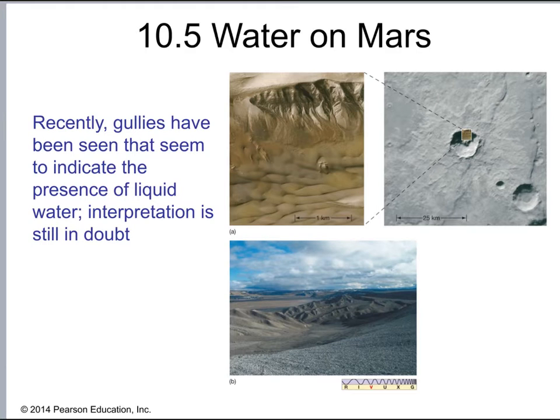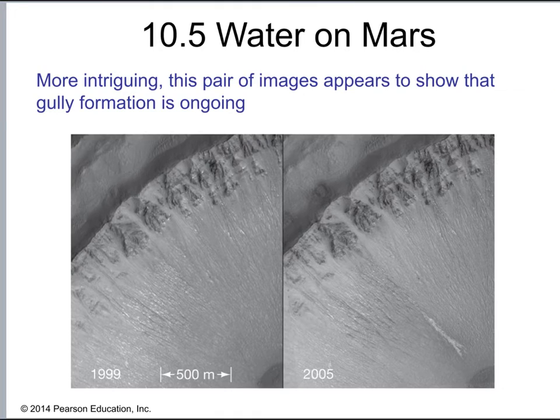Now, recently, we can see the formation of features on Mars that are generally created by water erosion. For example, gullies have been seen, and that seems to indicate the presence of liquid water on Mars, but that interpretation is in doubt, though maybe there's something to it. What is really interesting is that we have a couple of images here of the same segment of land, and we can see that there are geological changes.